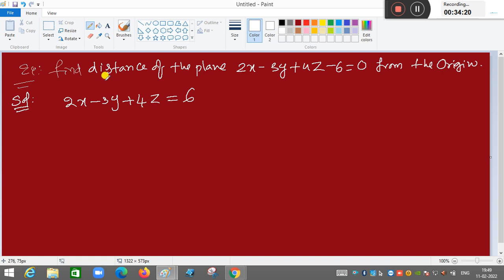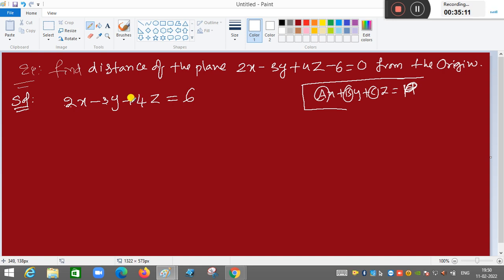See, to find the distance from the horizon to the plane, the normal direction should be a unit vector, so these must be direction cosines. Earlier I wrote ax plus by plus cz equal to d; that d is unrelated, so let us write something else, say p. When these are direction ratios, if we convert them into direction cosines, then p becomes d. Do you understand? So 2 square plus 3 square plus 4 square is not equal to 1.